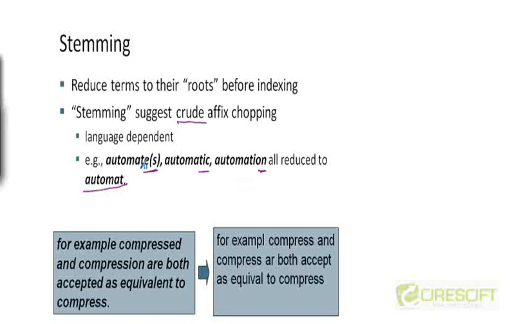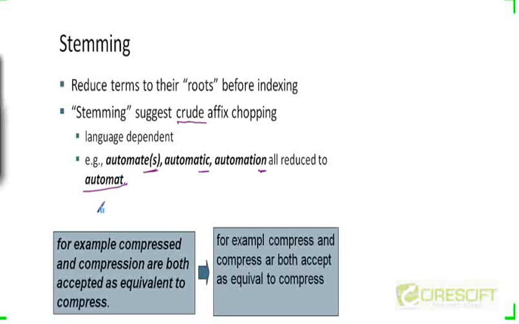So automate, automatic, automation all get reduced to this term automat. Now note that automat is not a valid word in the dictionary, right? So unlike lemmatization, stemming does not really create valid words when you create the final term.